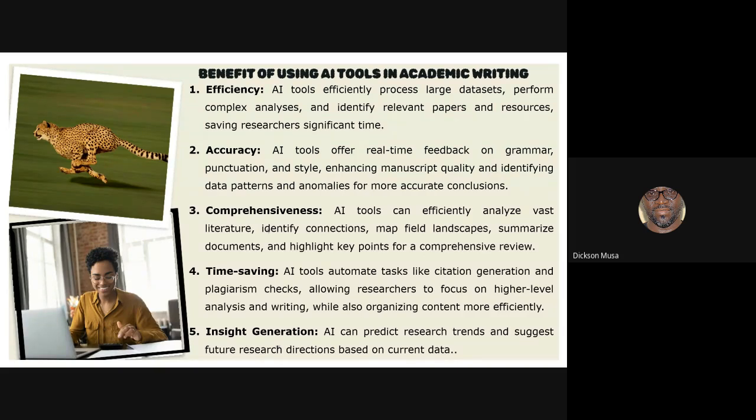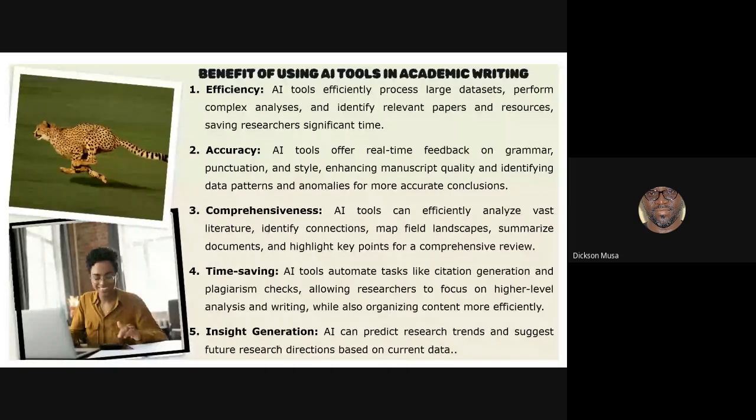It also helps with accuracy. It helps with comprehensiveness. You can go through several papers at once, get connections, and summarize them. Of course, it helps to save time, and it can predict trends and suggest future research direction.